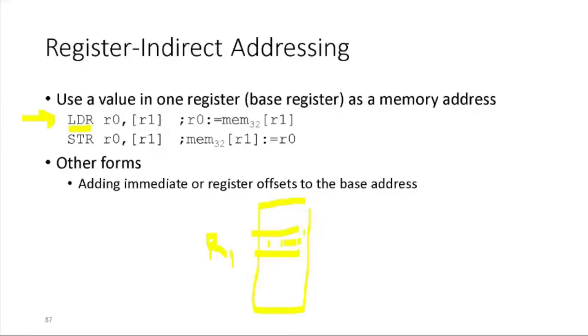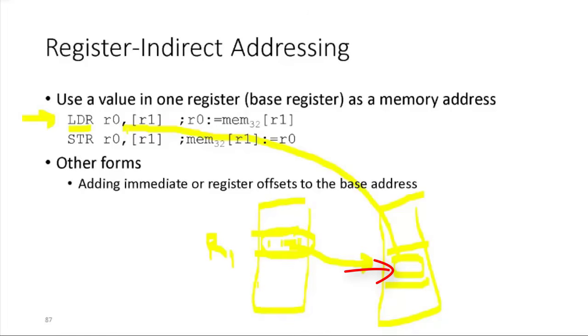This content is used as the address, and it goes to the particular location in the memory. In the memory it will go to the particular address, take the content available in the memory, and then move it to R0 register. That is what is done in the load register instruction.